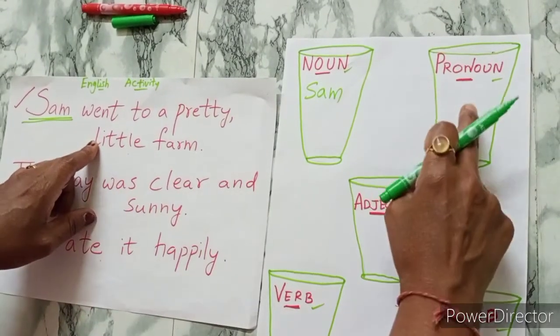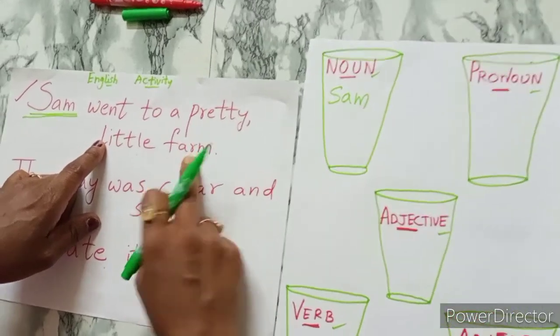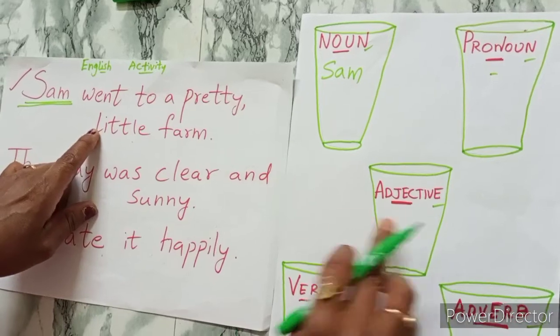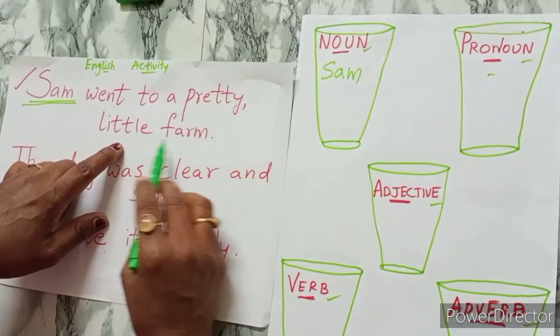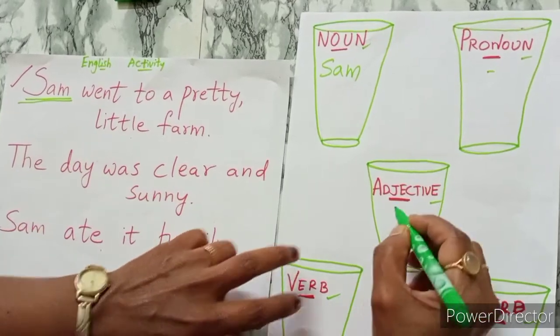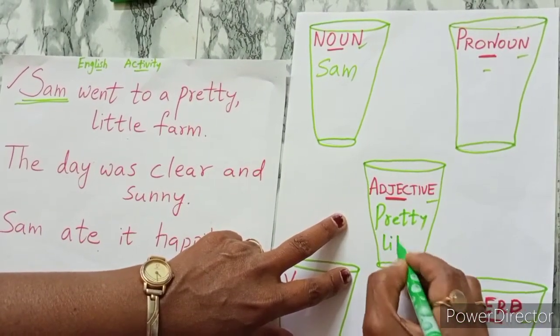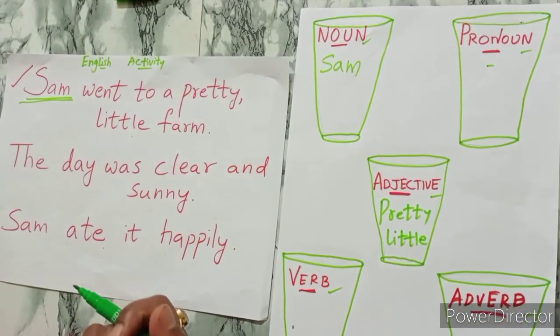Do you find any pronoun here? He, his, her, they, them? It is not there. So you can put one dash. Adjective. What is the adjective you are finding here? Very good. Pretty and little. But something else is hidden here. One more noun is also there.